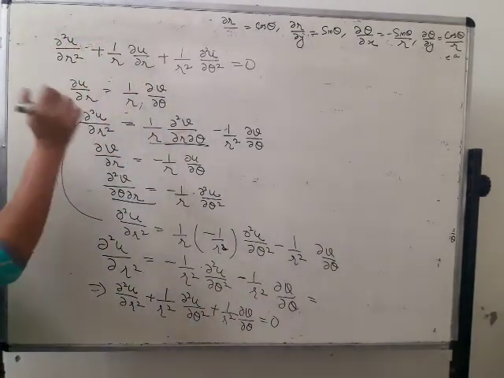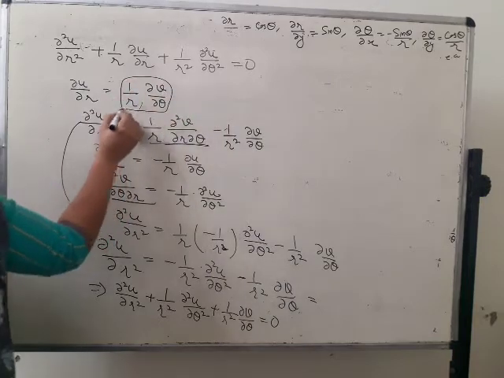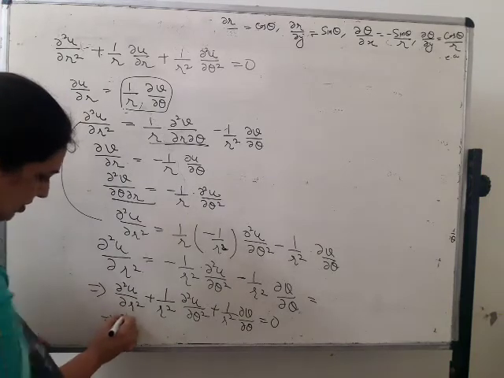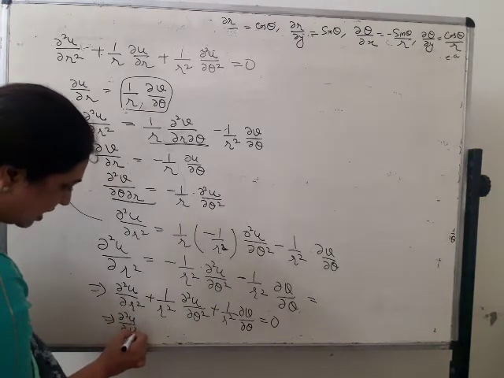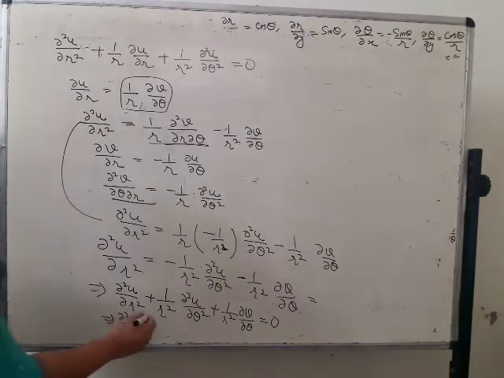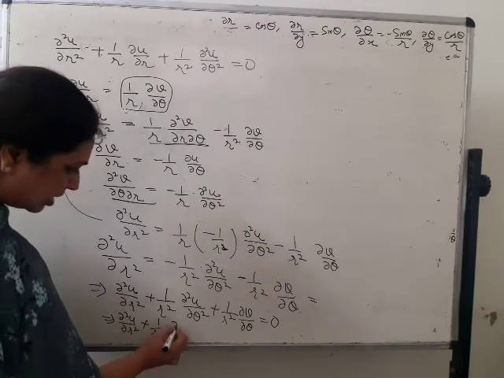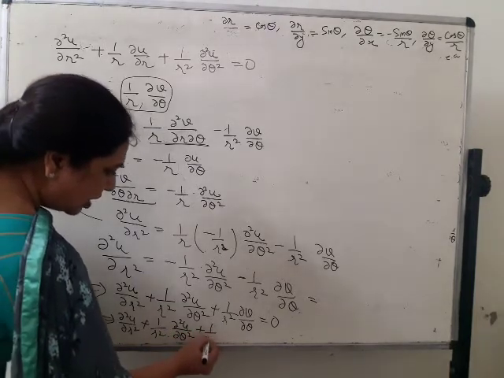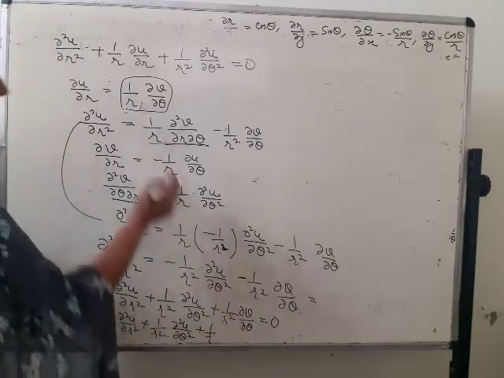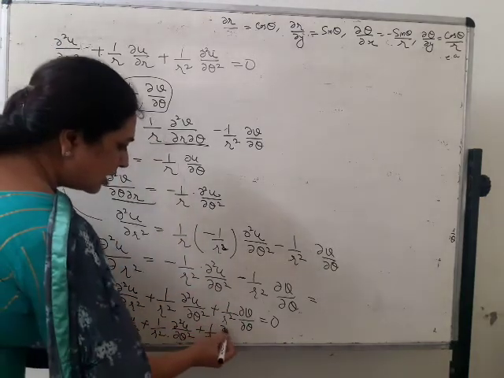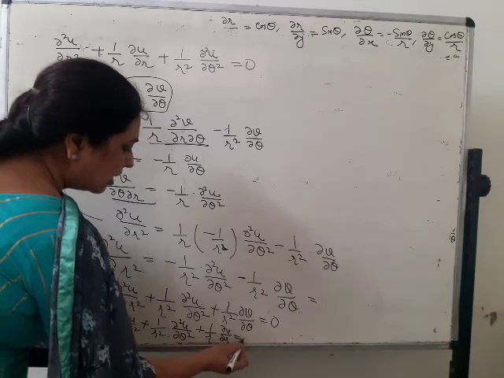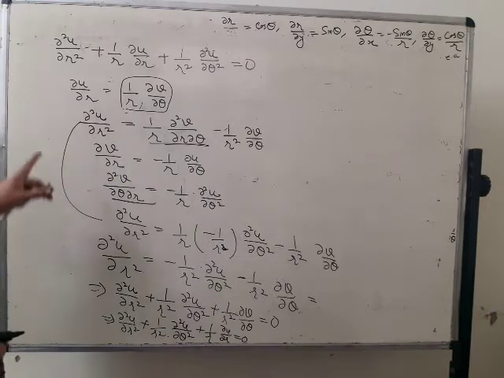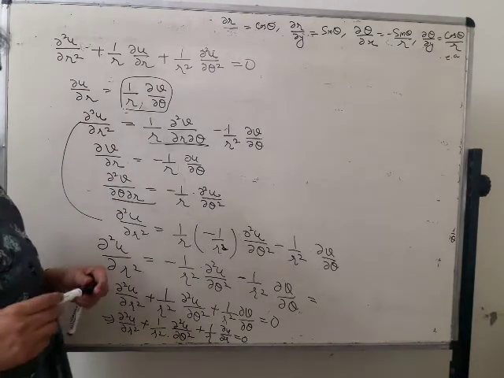To prove this relation, as 1/r ∂v/∂θ is ∂u/∂r, this equation becomes ∂²u/∂r² plus 1/r² ∂²u/∂θ² plus 1/r into 1/r ∂v/∂θ, which from this equation is ∂u/∂r, equal to 0. So this relation is proved here by using the polar form of CR equations.